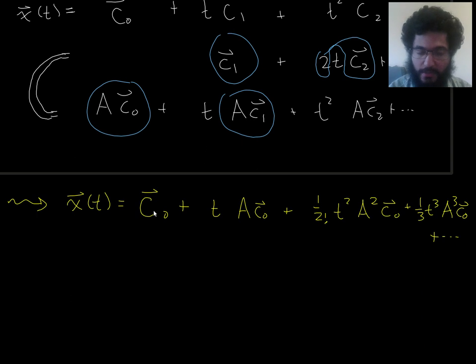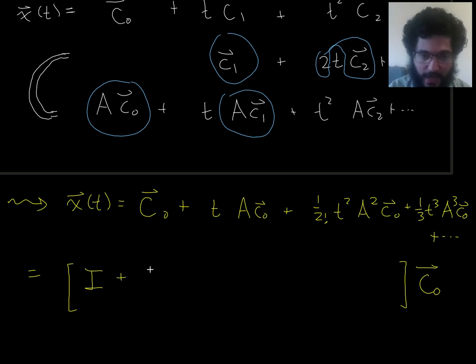So if I pull out the common factor of C0, then I'm forced to put it on the right side. So there's a common factor of C0 here, and then what's getting applied to it is a bunch of stuff in an infinite series. So this first term is the identity matrix applied to the vector C0, right?